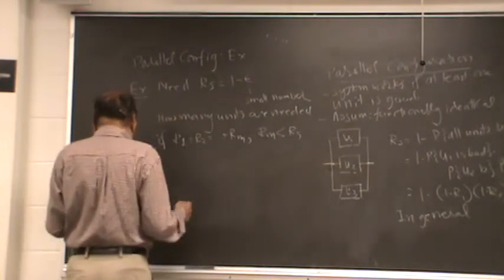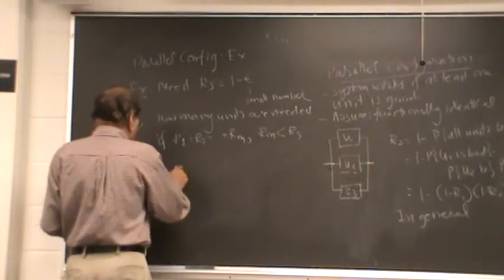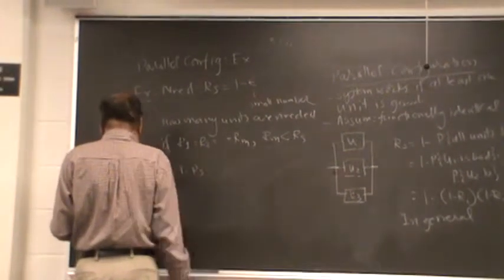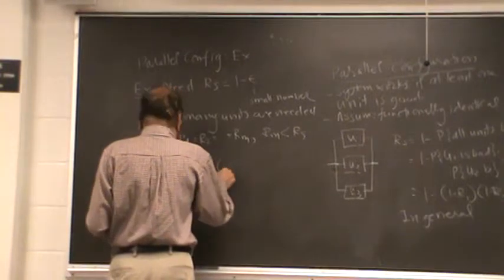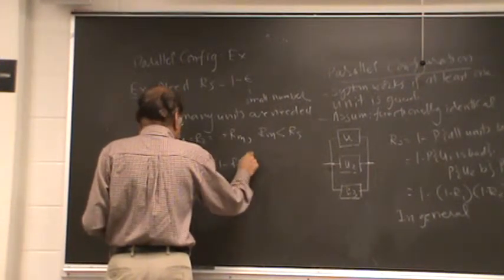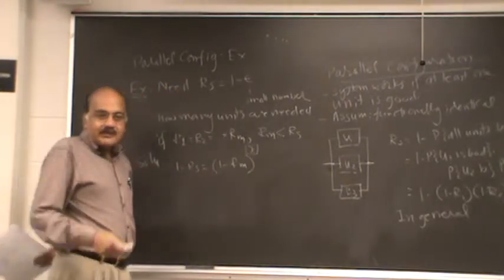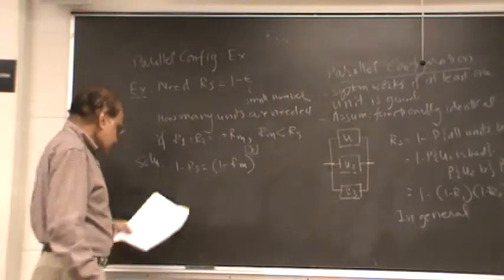So here's the solution. 1 minus Rs is given by, as we have just calculated, (1 minus Rm) raised to x, and this x is what we need to find, how many of these.